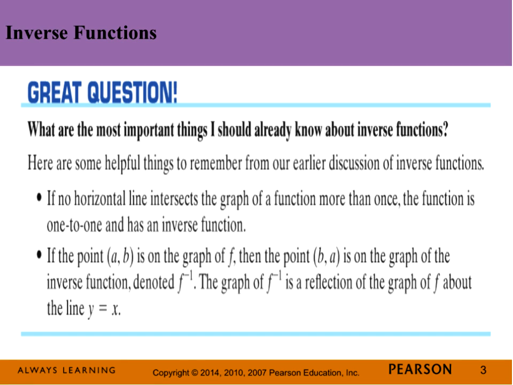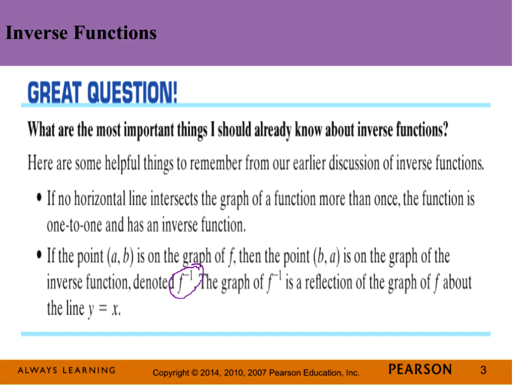If you have point (a, b) that lives on function f, then you flip-flop your x and y values, and that particular flip-flopped point lives on the inverse function. And we denote the inverse function as f to the negative first power.